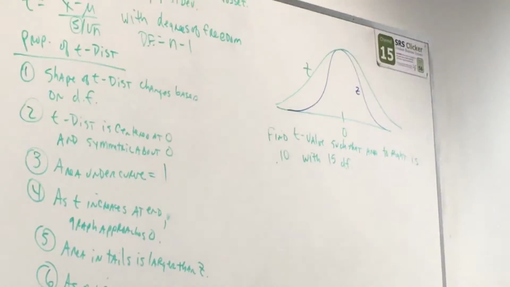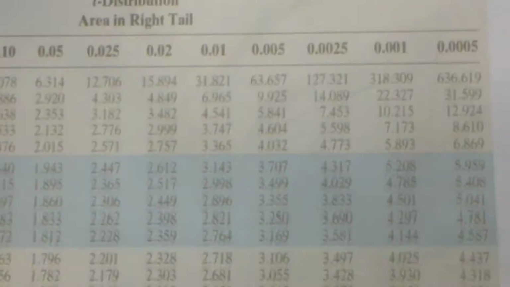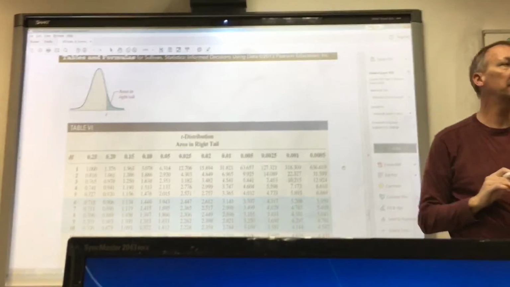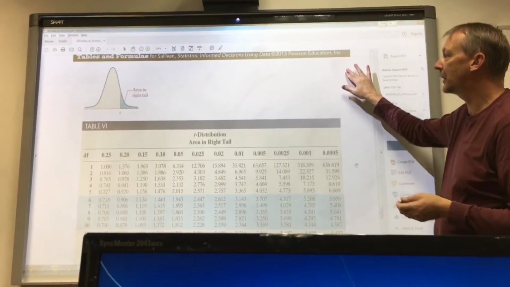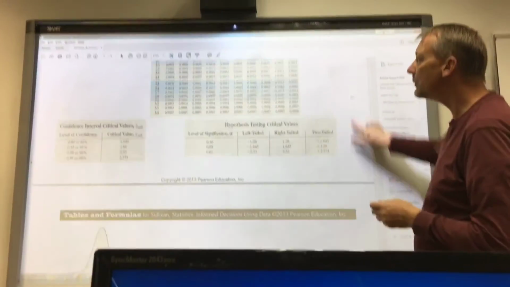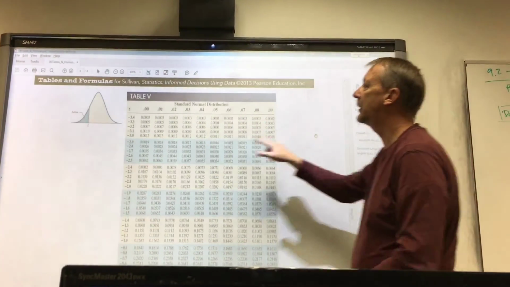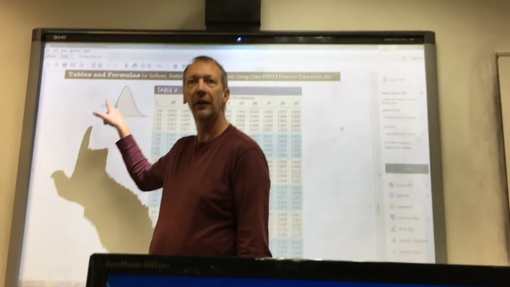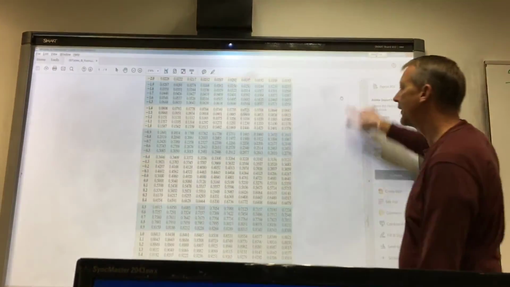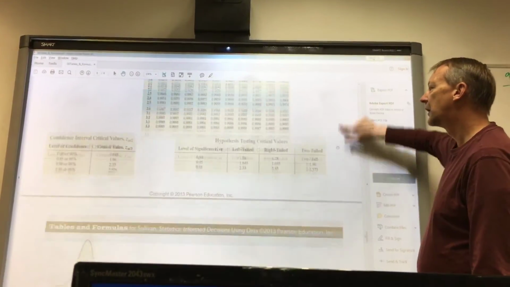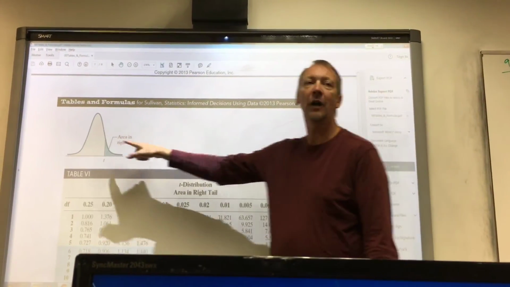So as we're looking at our table here, and by the way, let me just mention really quickly, if I pull back to the normal distribution, the picture gives me the area to the left. However, on the t-distribution, it gives me the area to the right.